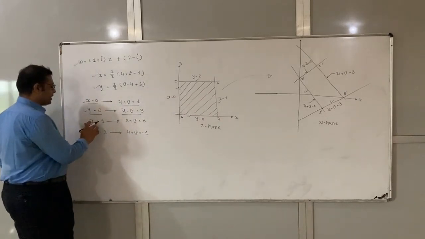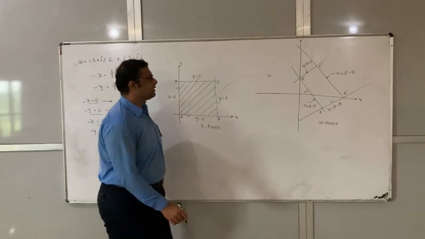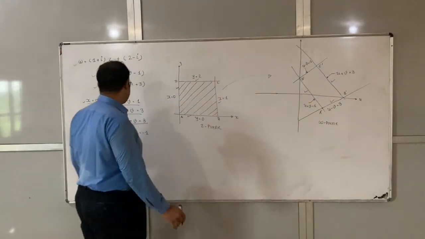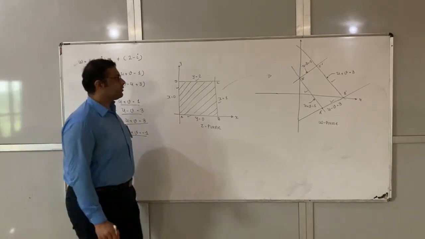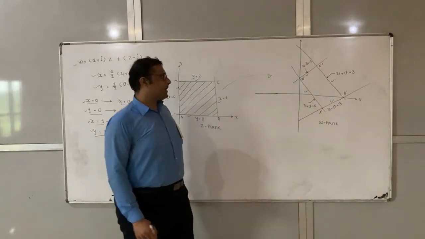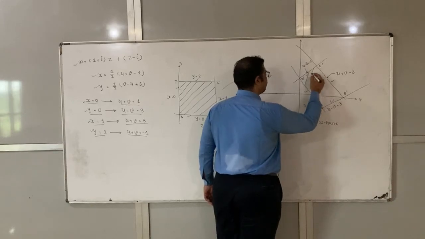Now for x is equal to 1, the line is u plus v is equal to 3. And the last line is when y is equal to 2, so u minus v is equal to minus 1. So this is the image of the given region in the w plane.